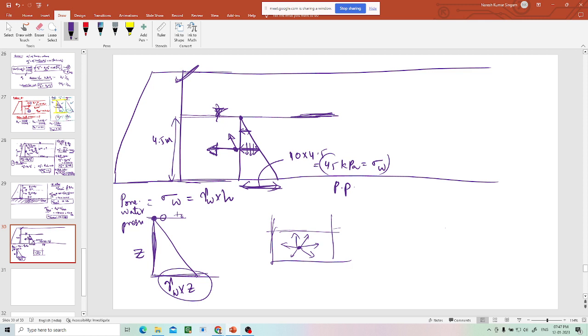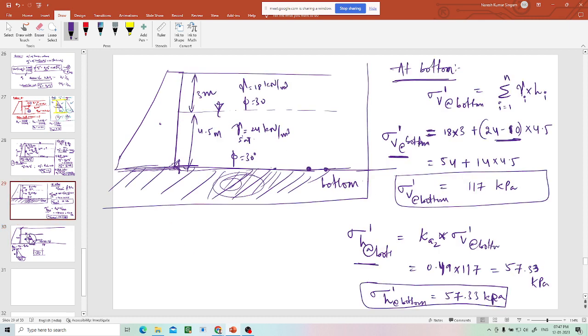After finding the effective horizontal earth pressure, you have to find the water pressure from the top of the groundwater table to the bottom, wherever it is.